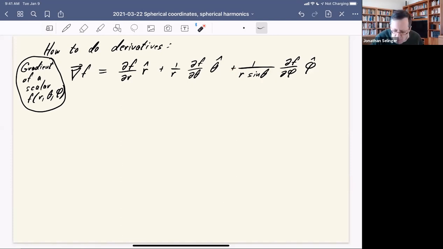What if we want the divergence of a vector field?